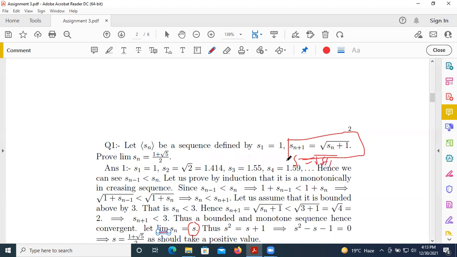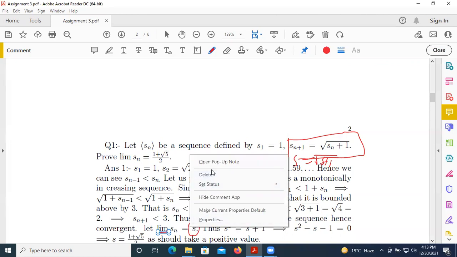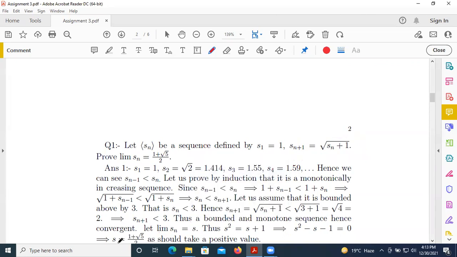Now square both sides, we get S square is equal to S plus 1, which implies that S square minus S minus 1 is equal to 0. So this is a quadratic equation which has two roots. First is S is equal to (1 minus root 5) by 2, and second is (1 plus root 5) by 2.